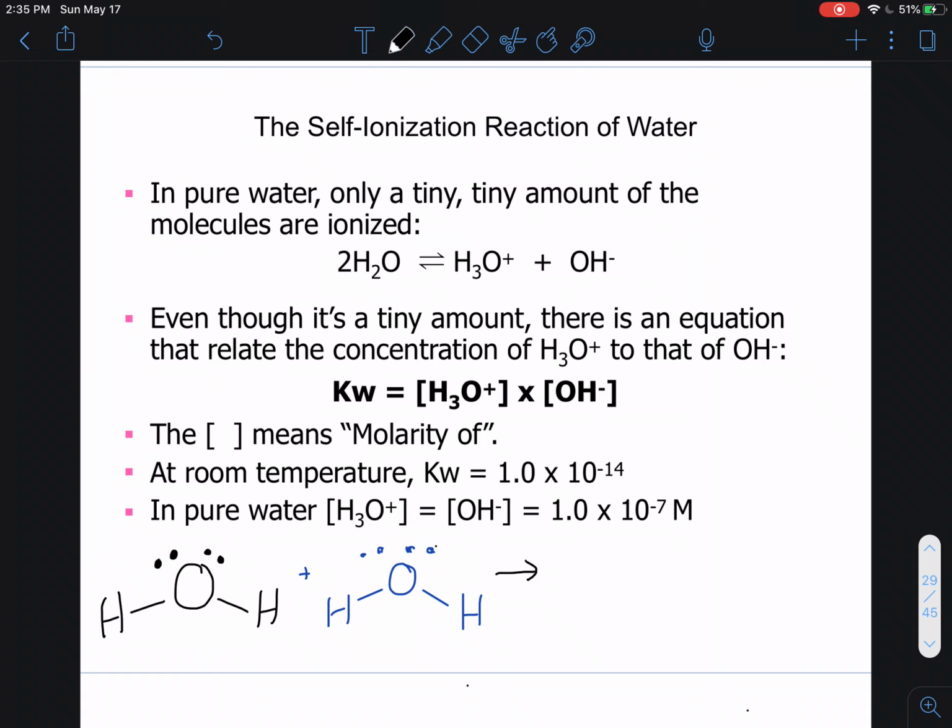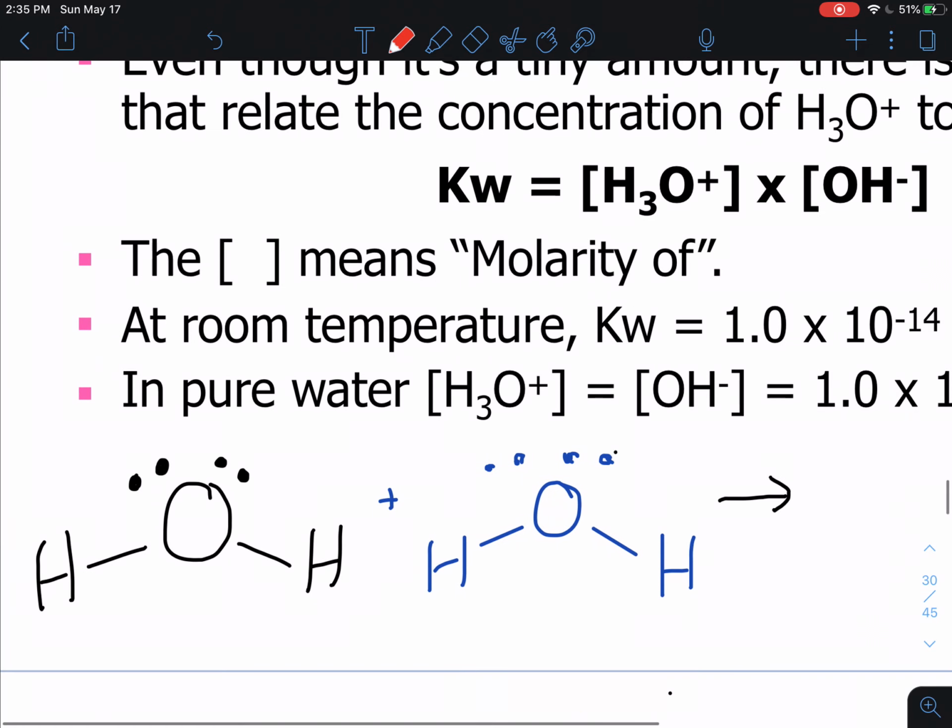If you remember, the hydrogen on each water molecule has a slight positive charge and every oxygen has a slight negative charge. So when two water molecules come in contact with each other, since there are so many in pure water, statistically the slight negative charge on the oxygen is attracted to the slight positive charge on hydrogen, right?